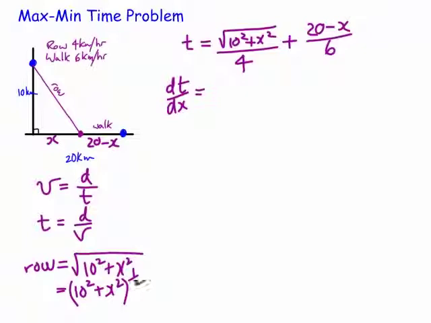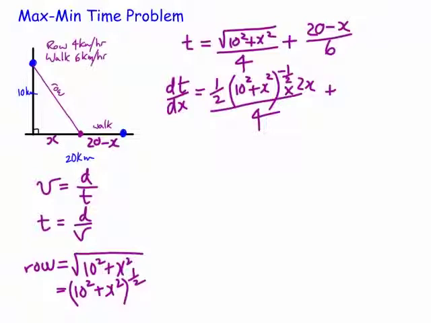Differentiating that, we have a half, 10 squared plus x squared to the negative a half. Now this is something a lot of people forget: we have to multiply by the derivative of what's inside the brackets. This is the chain rule, times 2x, and it's still all over 4. And if I differentiate 20 minus x on 6, that just gives me a negative 1, so it's minus 1 on 6 here.